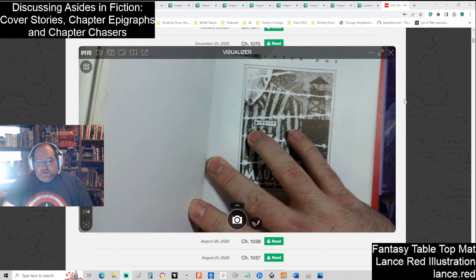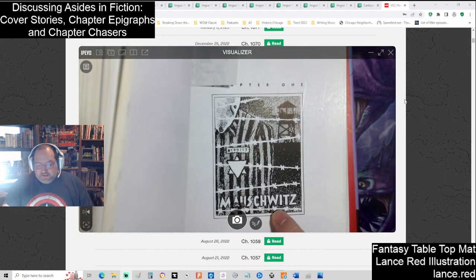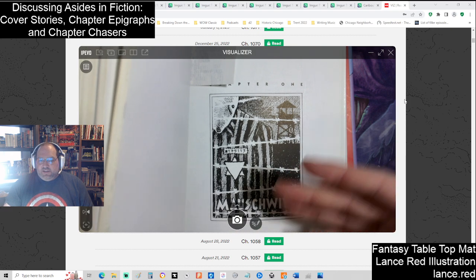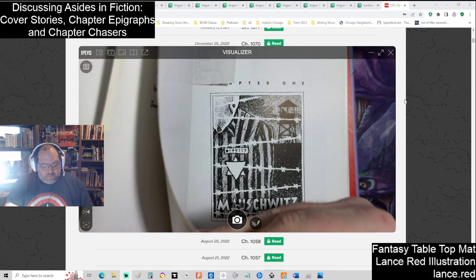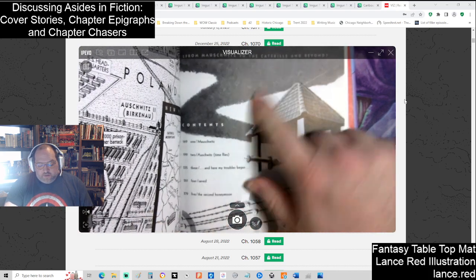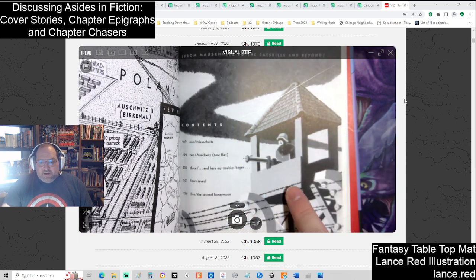And then we have this other great chapter cover page where, yes, this is setting the expectation of what to see in the story, but it's separate from the actual artwork that would be on the front of a chapter, where this is like the section of the book beginning.